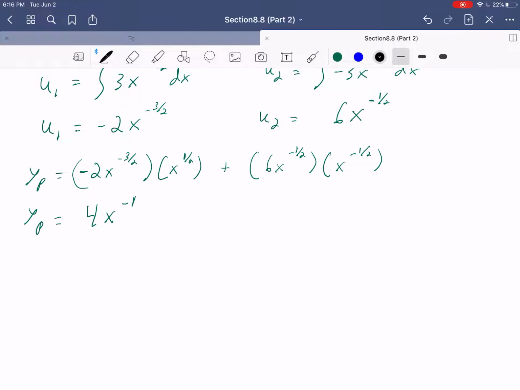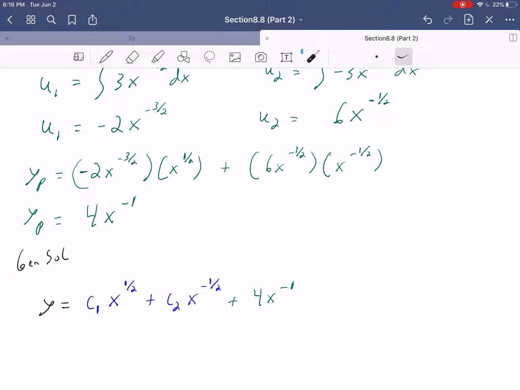So that tells us that our general solution here is y equals the homogeneous component, c1x to the 1/2, plus c2x to the negative 1/2, plus this particular 4x to the minus 1. And there we go. There's our general solution to this non-homogeneous Cauchy-Euler differential equation.